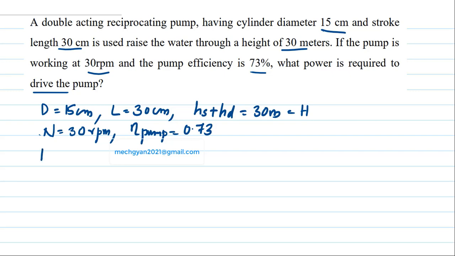So expression for power equal to rho g Q into H. So we have to find out first of all what is the discharge. For it's given that the pump is a double acting reciprocating pump, so Q equal to 2 times ALN by 60.